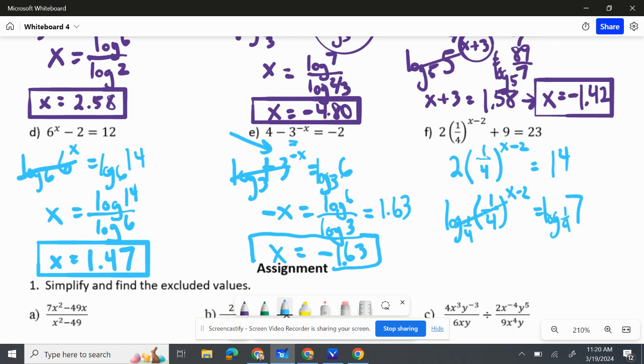That's the one I want to cancel to get the x minus 2 by itself. I do the change of base formula, log of 7 divided by log of 1/4, and that gives you negative 1.40. And when I add the 2, what I get is x is equal to 0.60.